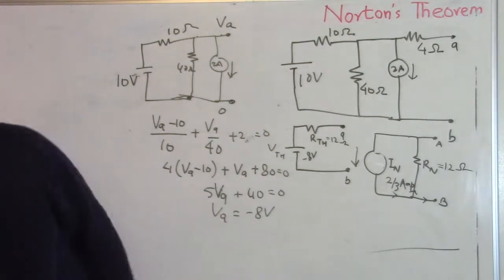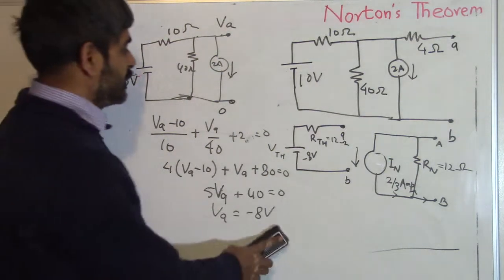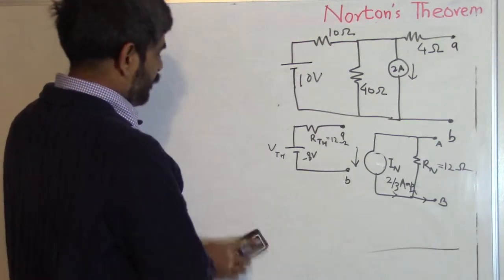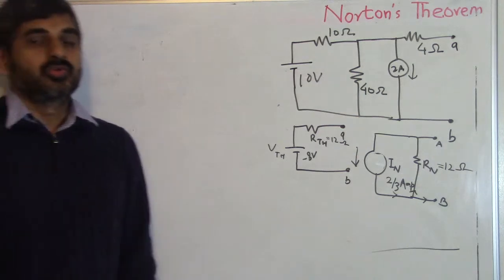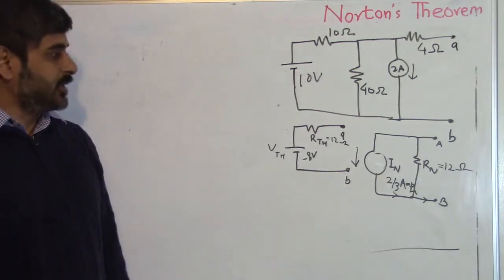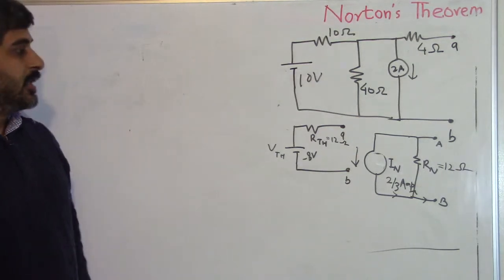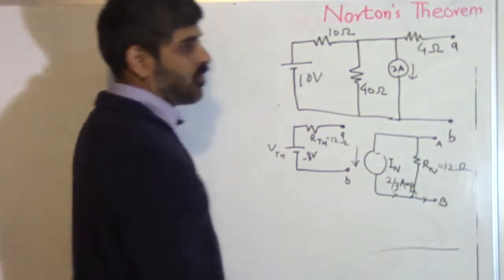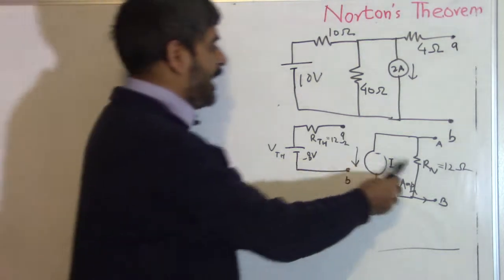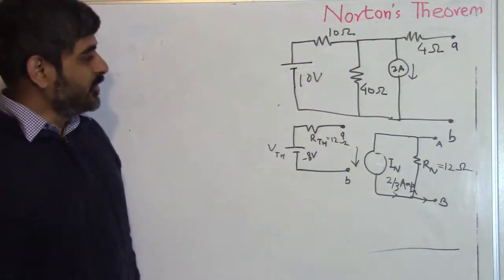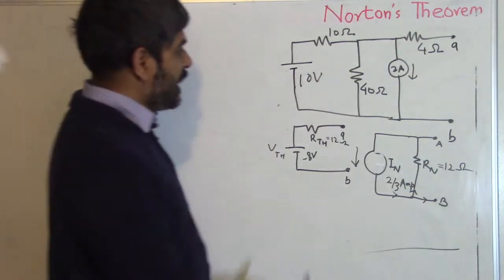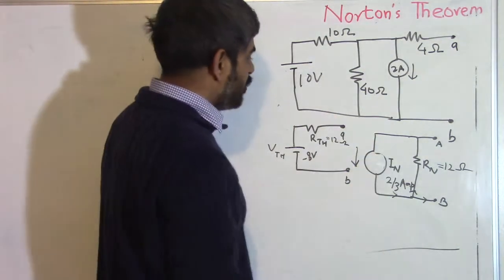So this is what we could do using Thevenin's theorem. And one of the reasons I did this is the next trick: that this Thevenin equivalent can be converted into a Norton equivalent and vice versa. And how do we do that? If we are given a Thevenin equivalent resistance, then we can replace it with a Norton resistance.